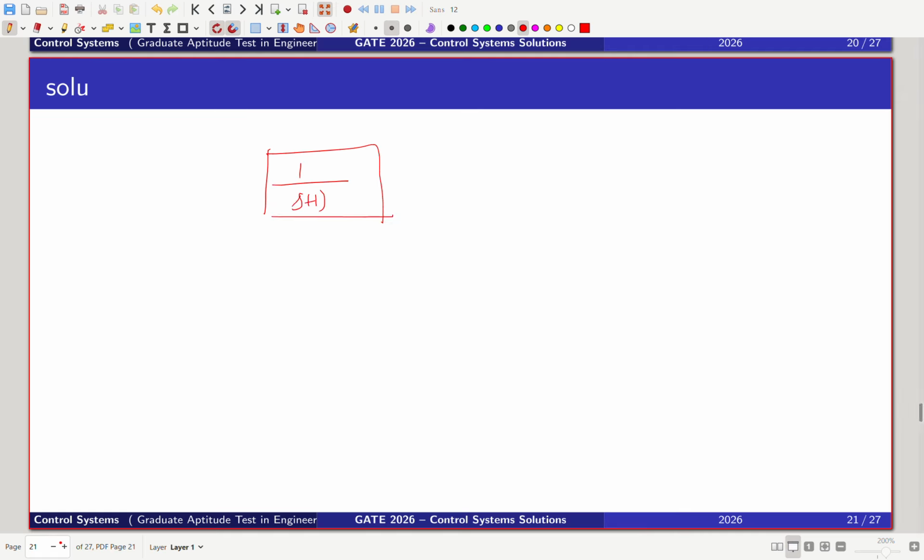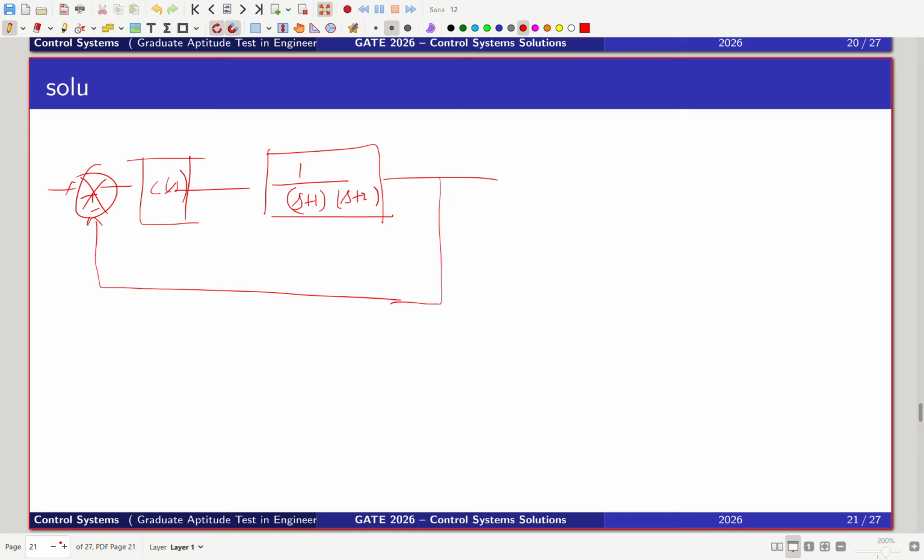Here they put a controller, which they call a compensator, but this is a form of a PD controller. There is unity feedback. So the controller is k into s plus alpha, and our desired poles are minus 3 plus or minus under root 5j.